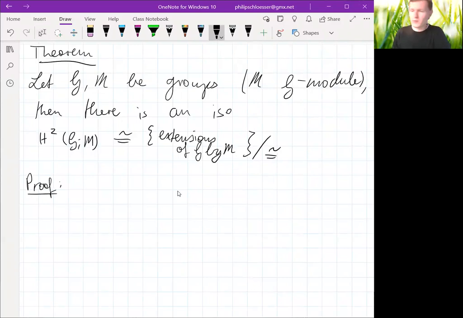And in order to prove this, we are going to proceed in two steps. Step one is we are writing the cohomology group in a bit more manageable way.